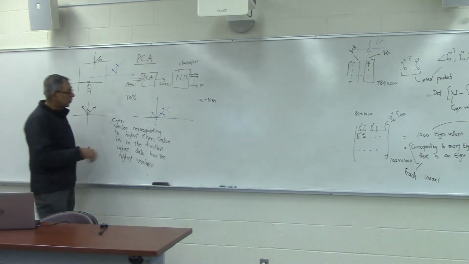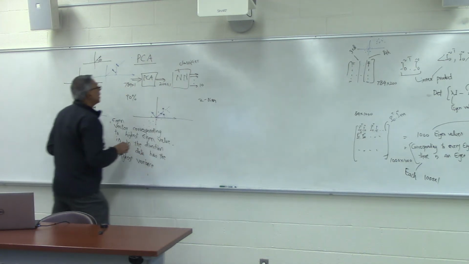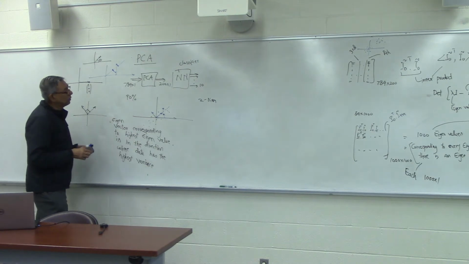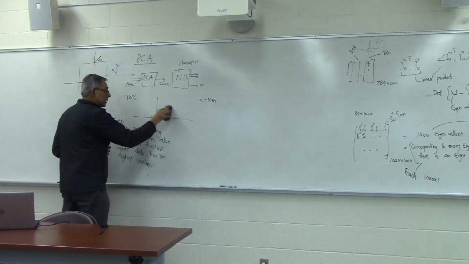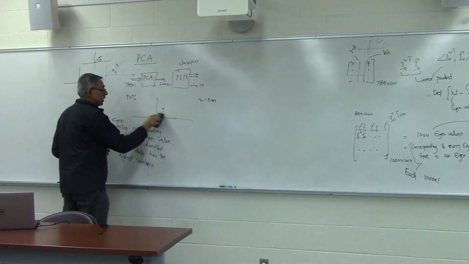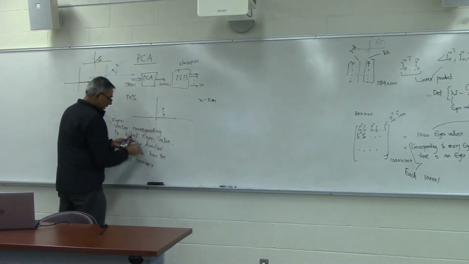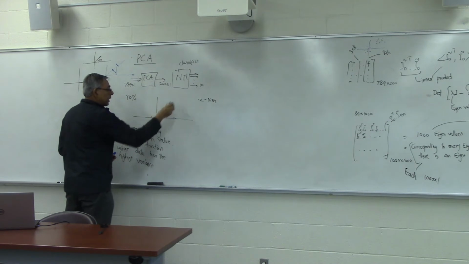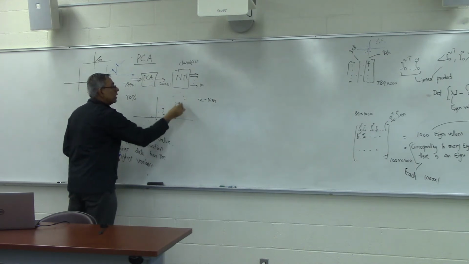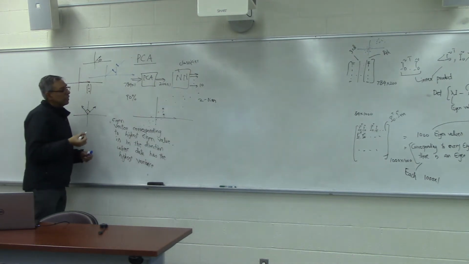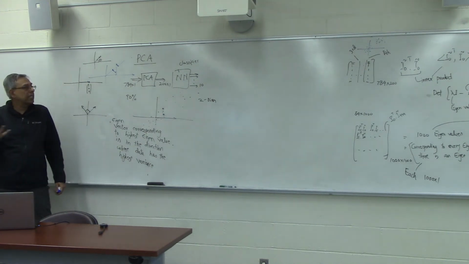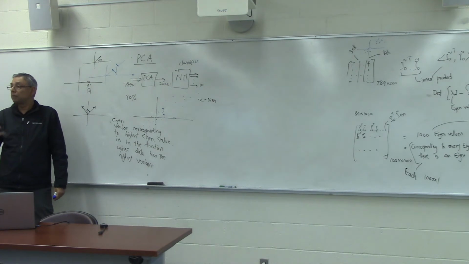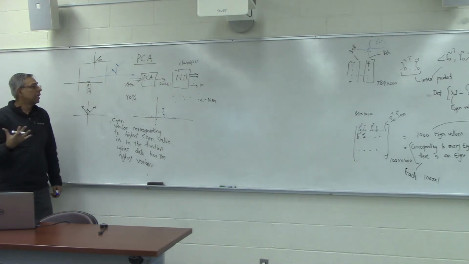Okay. So, the other concept to remember from here is that if our data is not centered around the origin, so if our data is somewhere here, right? If we don't do the mean adjustment, then the PCA does not do as good of a job of classification, okay?